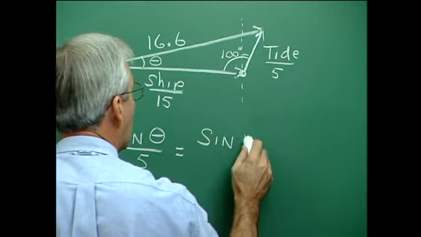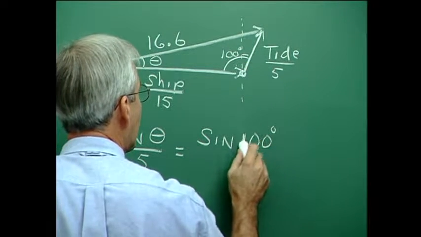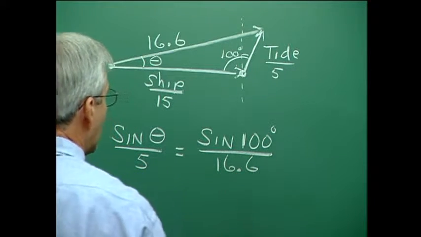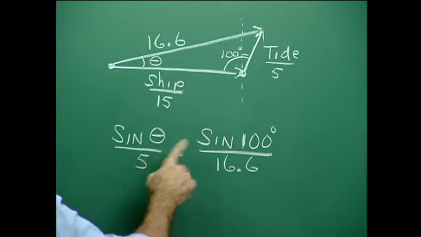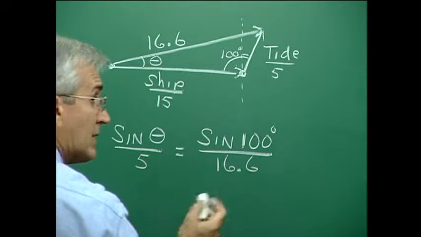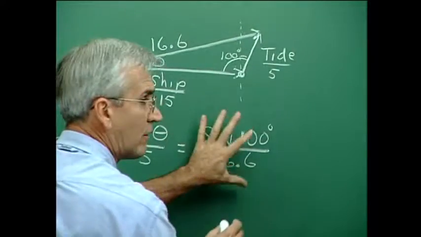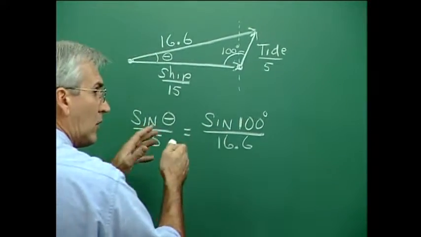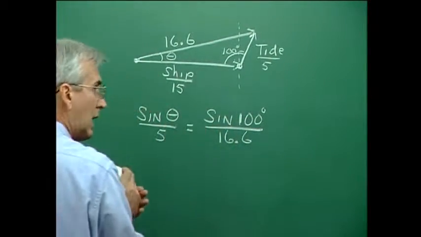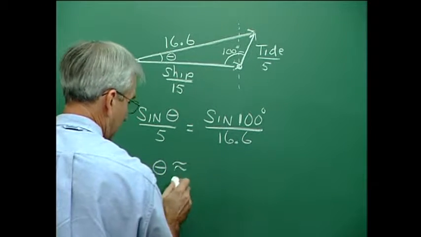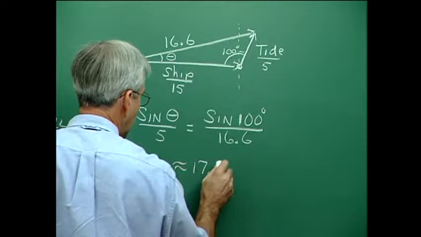And the sine of 100 degrees is to the side opposite 16.6. All right, and then solving this, multiplying by 5 on both sides and resolving this with the calculator, we find sine theta to be a certain fraction, and theta is the angle whose sine is that fraction, and that angle we find to be approximately 17.2.